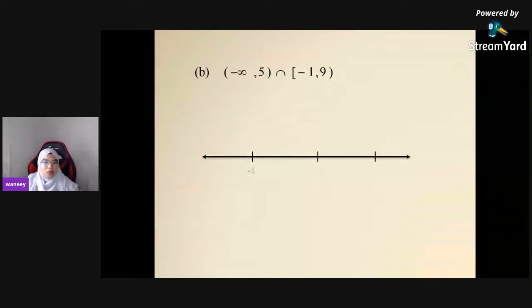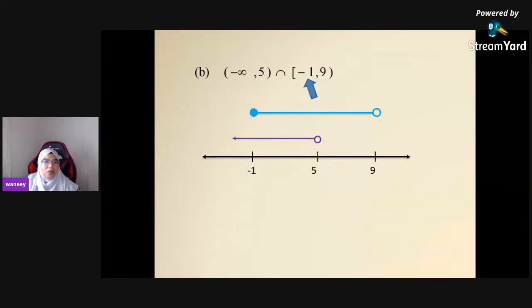So now, negative infinity is somewhere on the left hand side up until 5, and this one should be an open circle. So this is negative infinity up until 5. And then you have -1 up until 9.